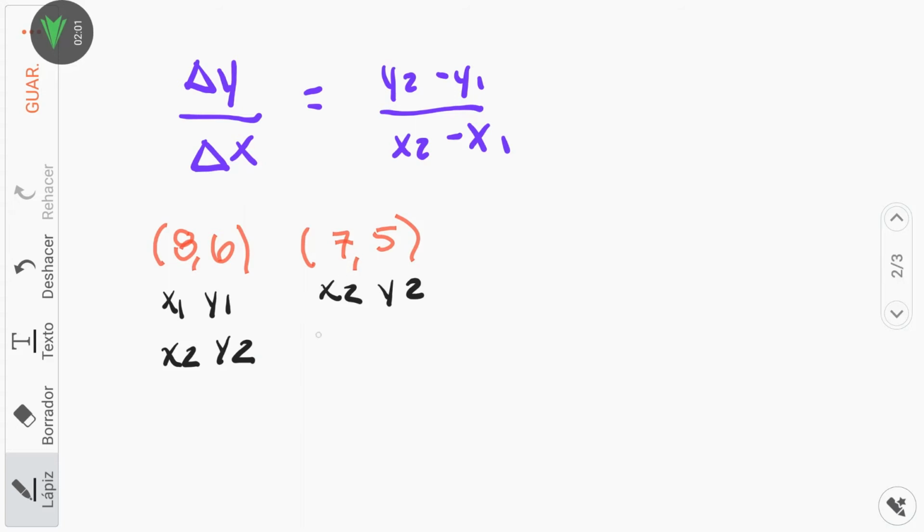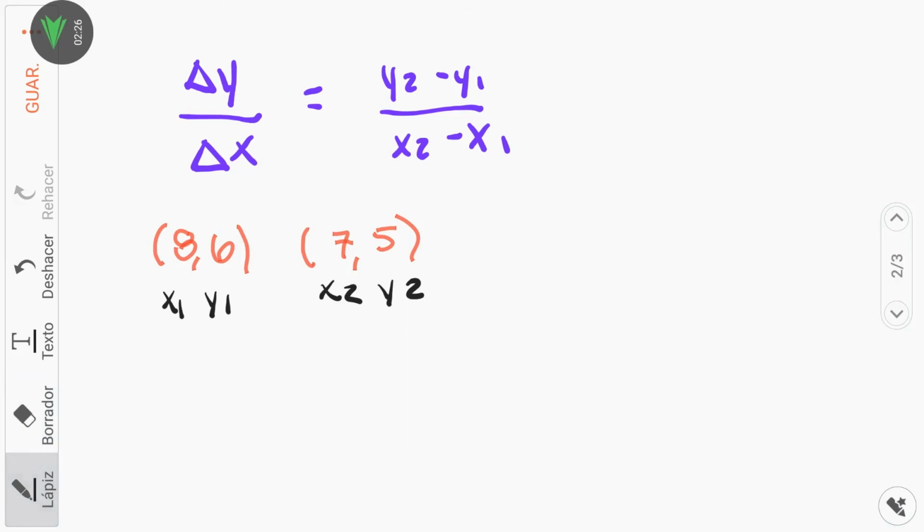And here, this one then must be x1 and this one must be y1. I cannot choose, for example, that this one will be x2 and this one will be y1. They have to have the same little number underneath, okay? And it really doesn't matter if this is x2 and this is x1, or if this is x1 and this is x2. But right now I'm going to choose the first assignment, okay?